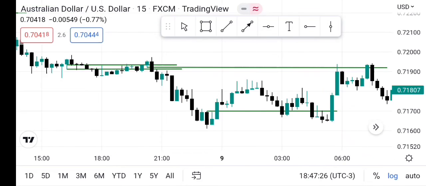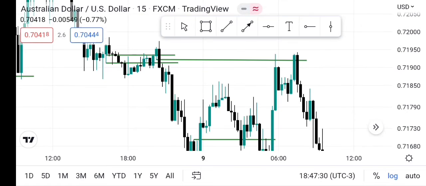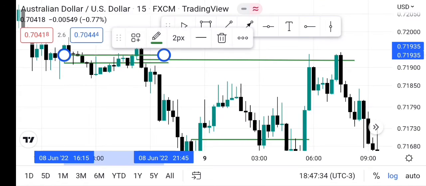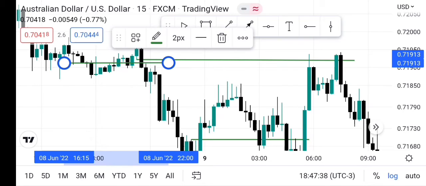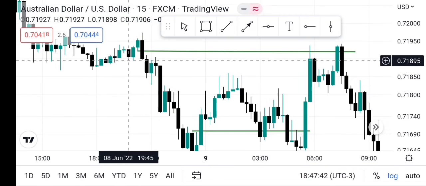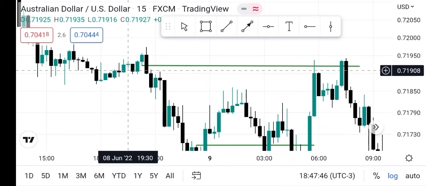Now I want to take us back a bit. Let me take off these lines here. Alright, now look at this point. Do you know that this is a swing low?